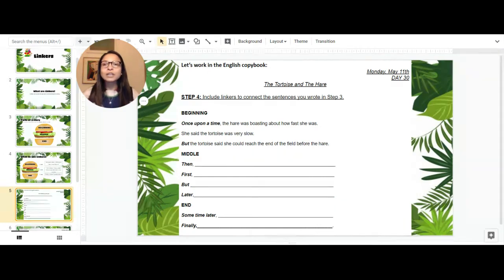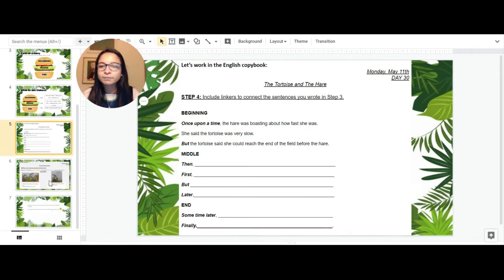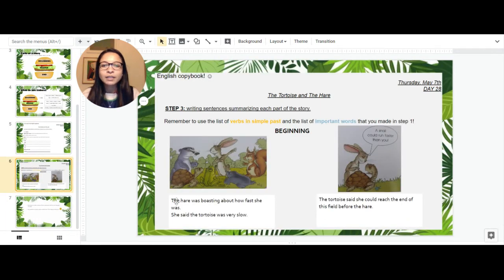So all you need to do is get your English copybook, go back to step number 3, and remember what we had written. Okay? So we had written this. Remember here, look. These sentences that we wrote were describing these pictures and summarizing, making it shorter, what happened in the beginning, in the middle, and in the end.